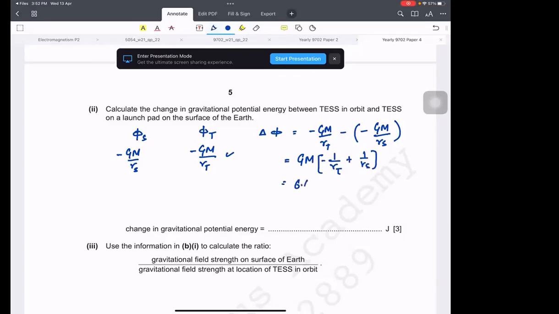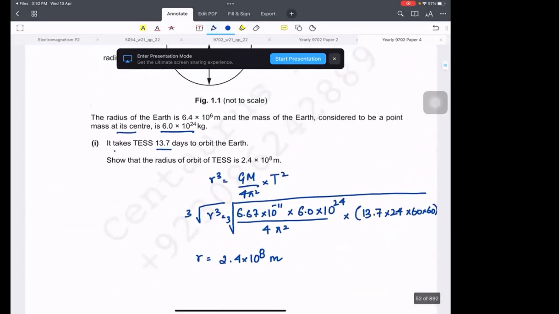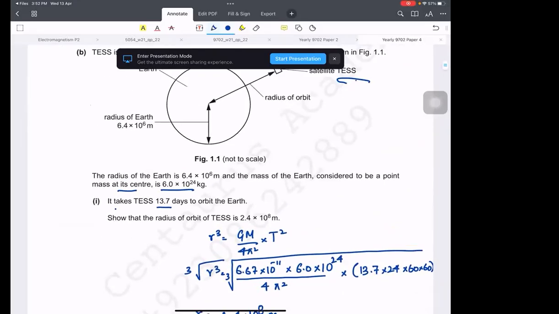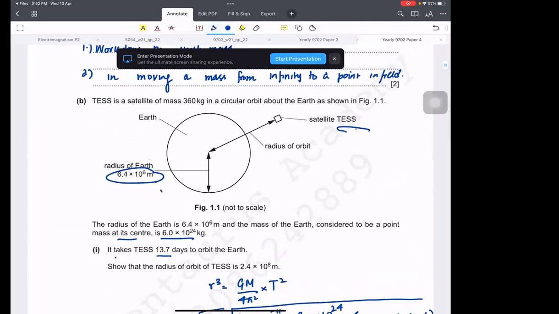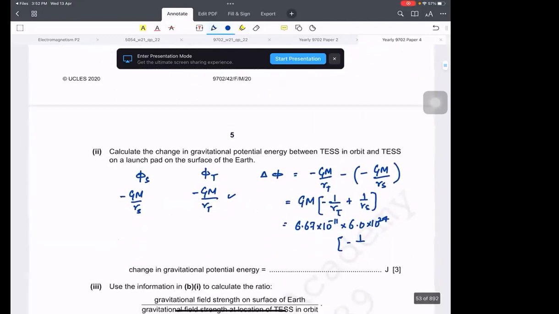So 6.67 times 10 raised to minus 11 multiplied by 6.0 times 10 raised to 24, and then minus 1 upon the distance of orbit, which was 6. Sorry, test is 6. This plus the value we have calculated, right?